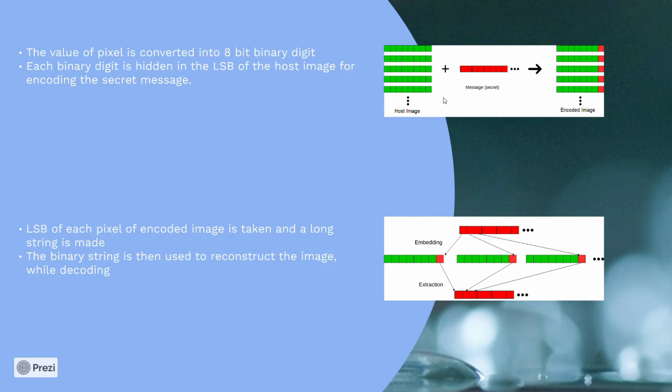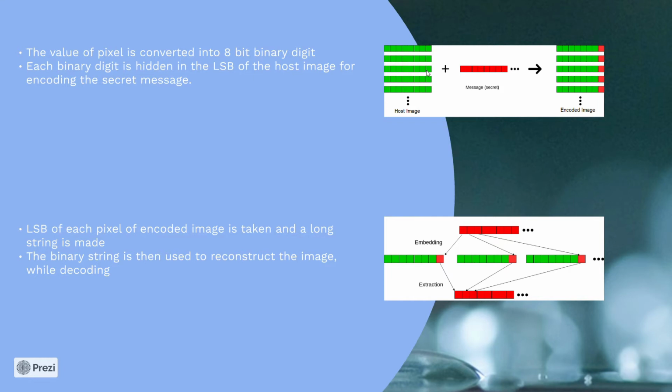The host image can also be considered as a sum of various pixels. Those pixels can be represented as 8-bit binary numbers. So each of these rows represents one pixel.